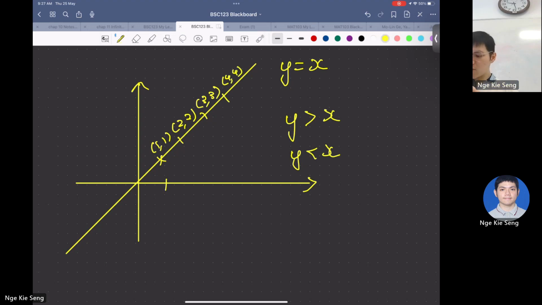So when is y greater than x? If you consider everything on the right of this line here, what are these points? These are 1, 0, 2, 0, 3, 0, and so on.